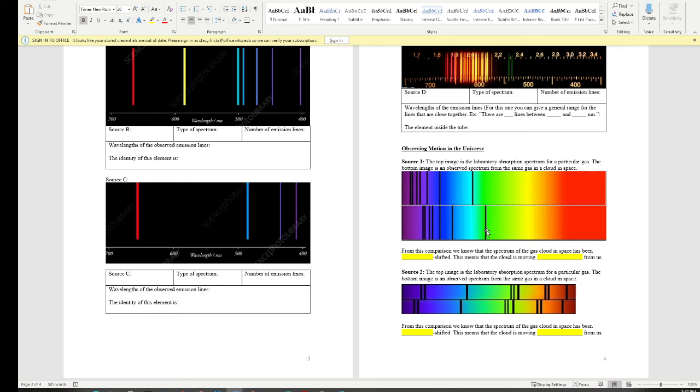So when something is moving really fast away from us, that causes the lines to be shifted toward the red end of the spectrum, right? So that we know that that source is moving away from us. On the contrary, if an object is moving toward us at a high rate of speed, then its spectrum gets shifted toward the blue end of the spectrum, right? So in that case, we call it blue shifted.